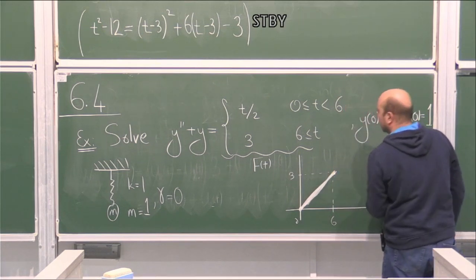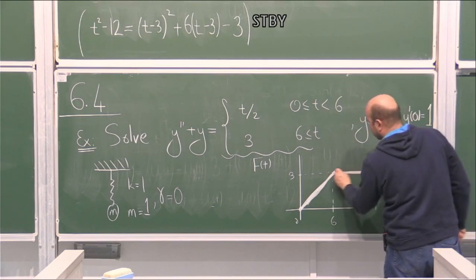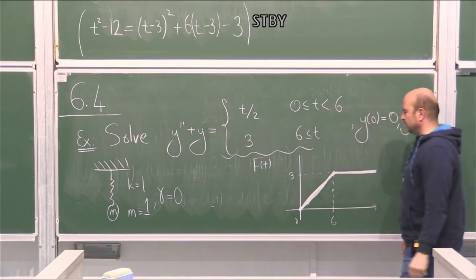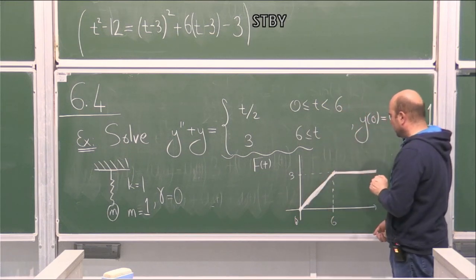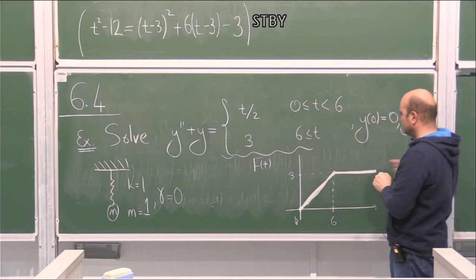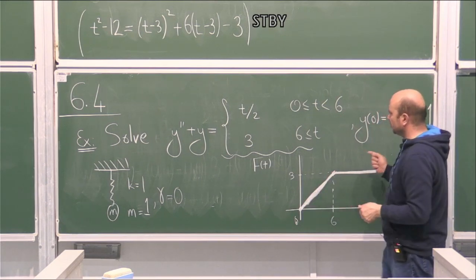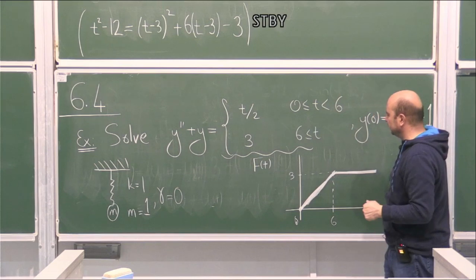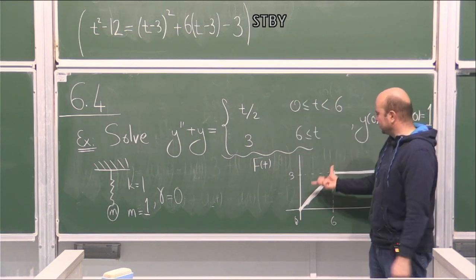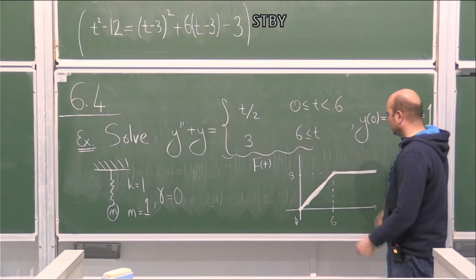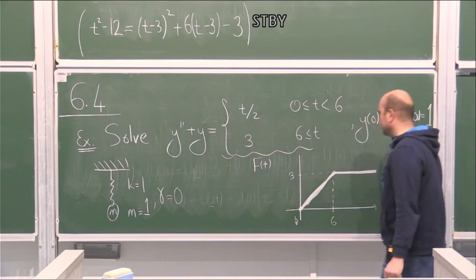Then after that it continues as 3. So you apply an increasing force starting from 0, and then you apply a constant force. So this is what we have. It's not discontinuous actually, it's a continuous thing, but it's a piecewise defined function. It's not the same function everywhere. So now what we are going to do, we will try to solve this problem.